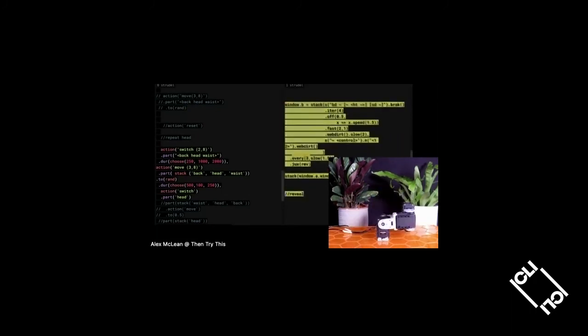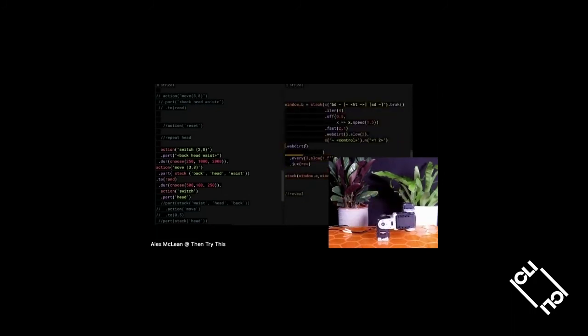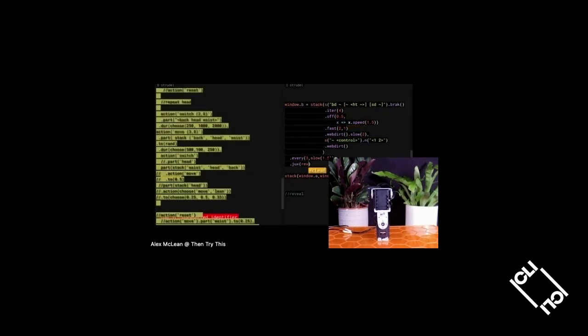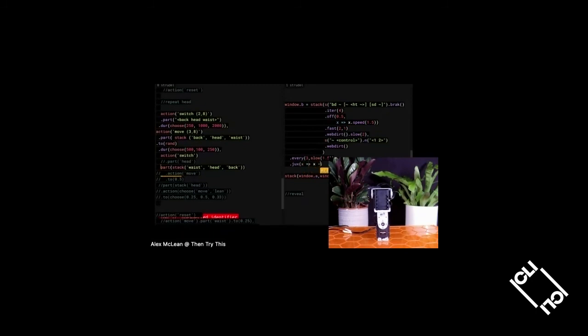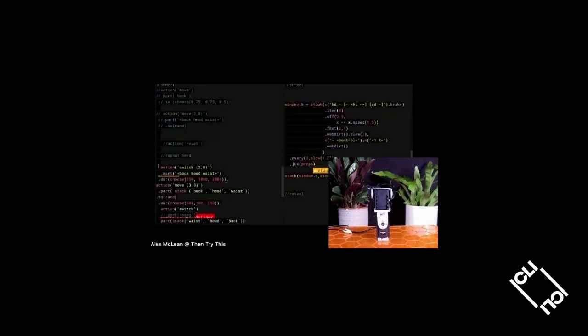Switch two-eighths of your waist over 1 second. Move three-eighths of your waist over 0.1 seconds. Switch your head. Switch two-eighths of your back over 1 second.